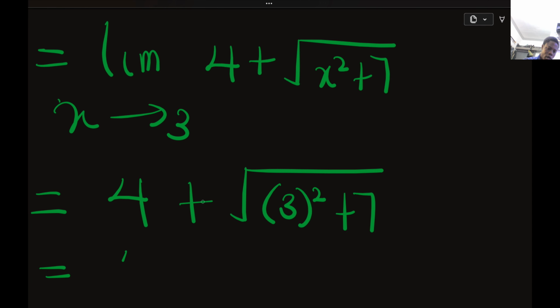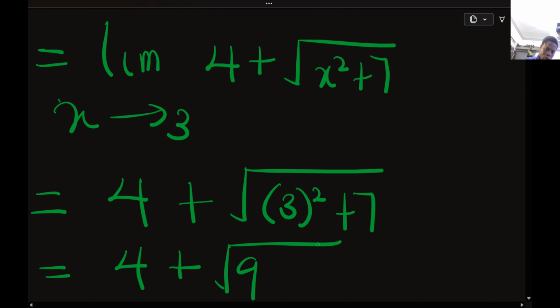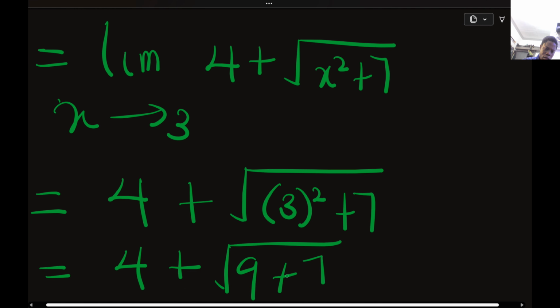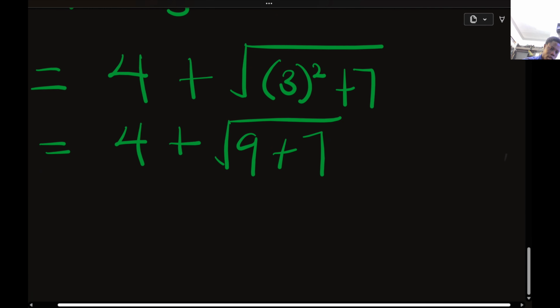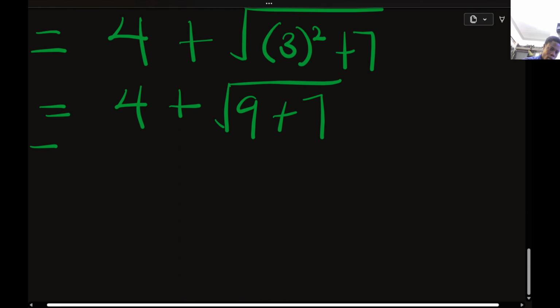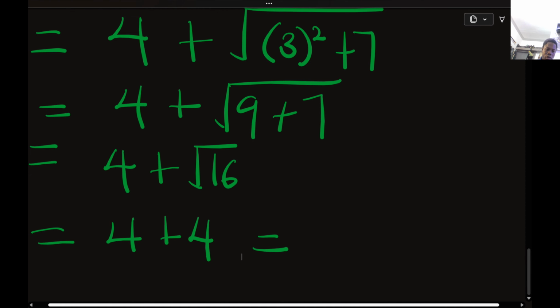This will give us 4 plus the square root of 9 plus 7. At the end, we get 4 plus the square root of 16. The square root of 16 is 4, so this will give us 4 plus 4, which is equal to 8. So this is the answer.